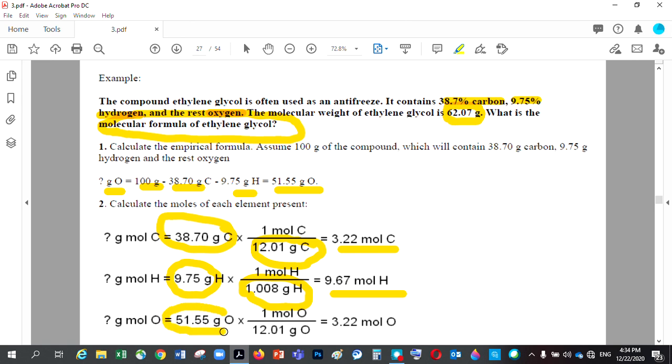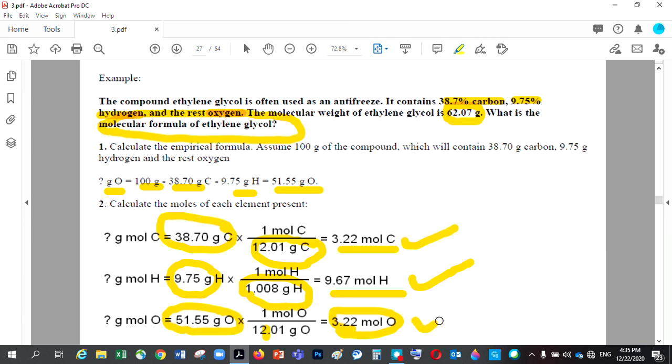This is the grams of oxygen divided by its atomic mass, which has to be 16, sorry, I apologize. So you get the number of moles of carbon, hydrogen, and oxygen.